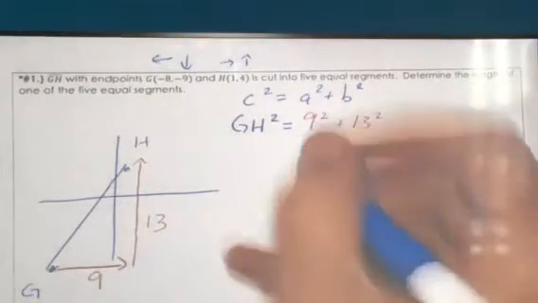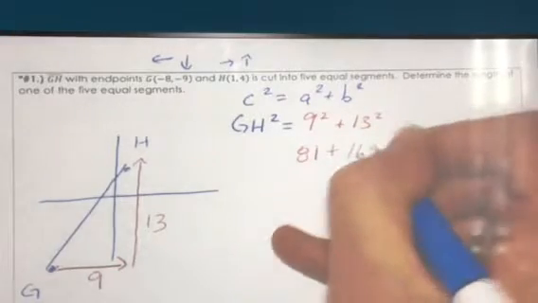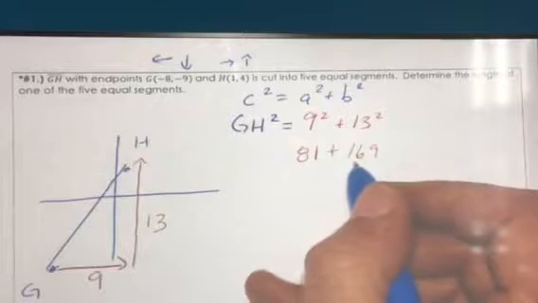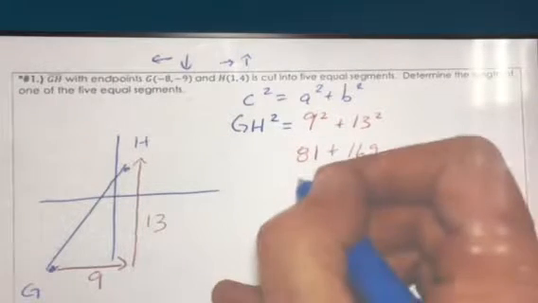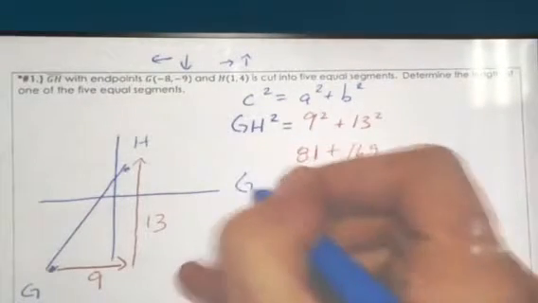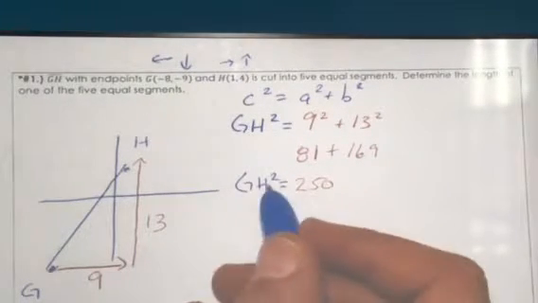So 9 squared is 81, 13 squared is 169. So if we add these, what do we have? Like 170 plus 80, this is 250. So GH squared equals 250 units.